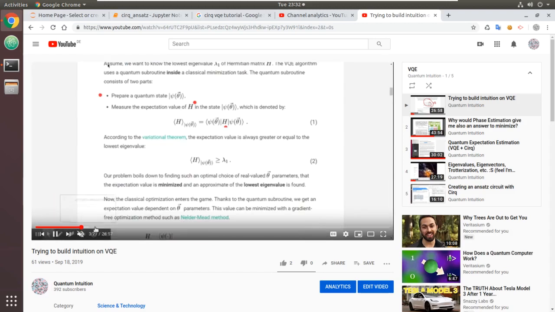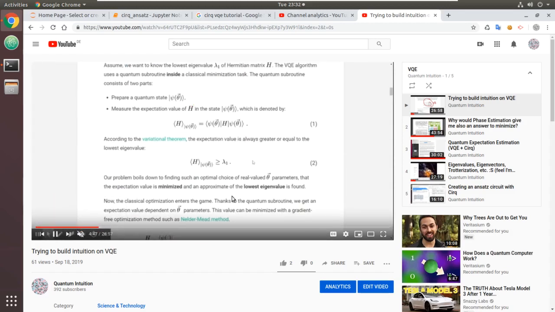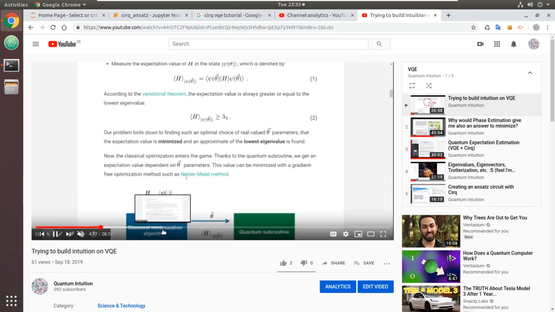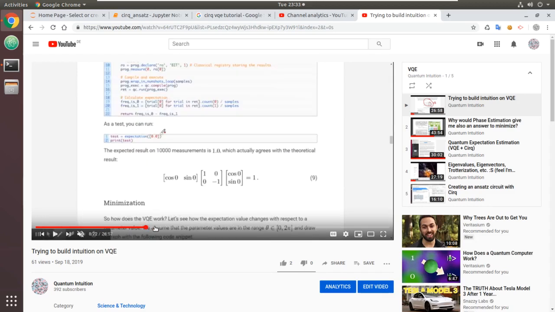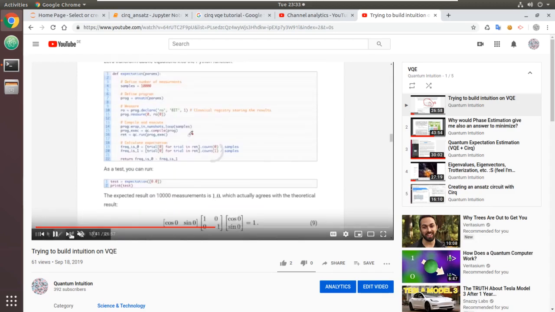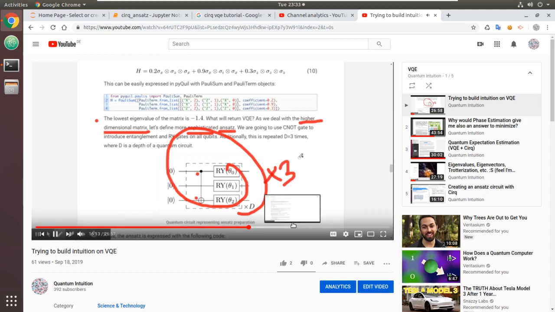First I went through these basics, and here I had trouble understanding what the expectation value is, which I later understood is basically the average measured value. I guess I also took the concept of the ansatz and all this kind of stuff.